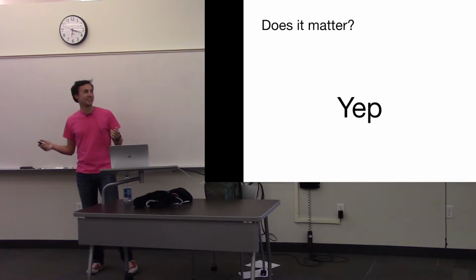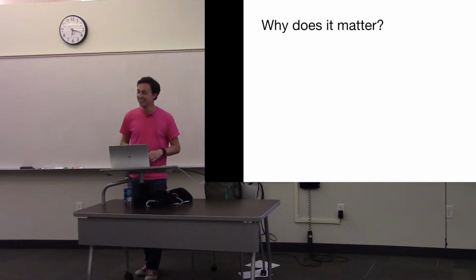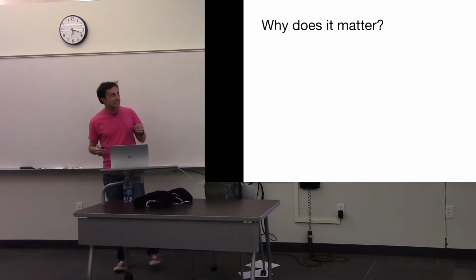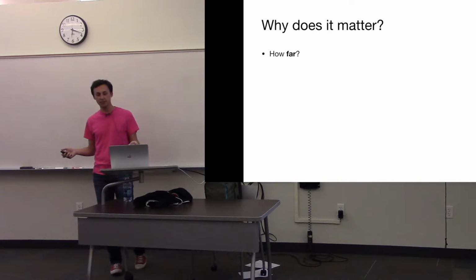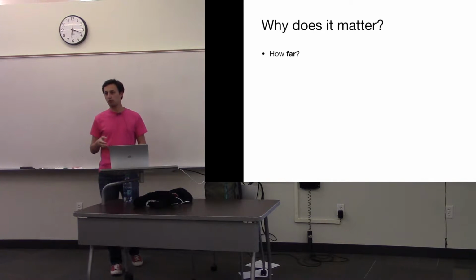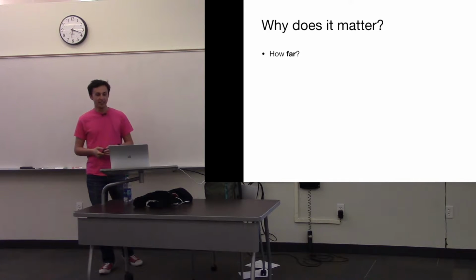Does it matter? Yeah, it does. But why does it matter? It matters because the kind of wire we use determines how far we can send a signal. And that's because wire has resistance to it unless it's some sort of superconductor. And the further we go, the more that resistance degrades the signal we might have.